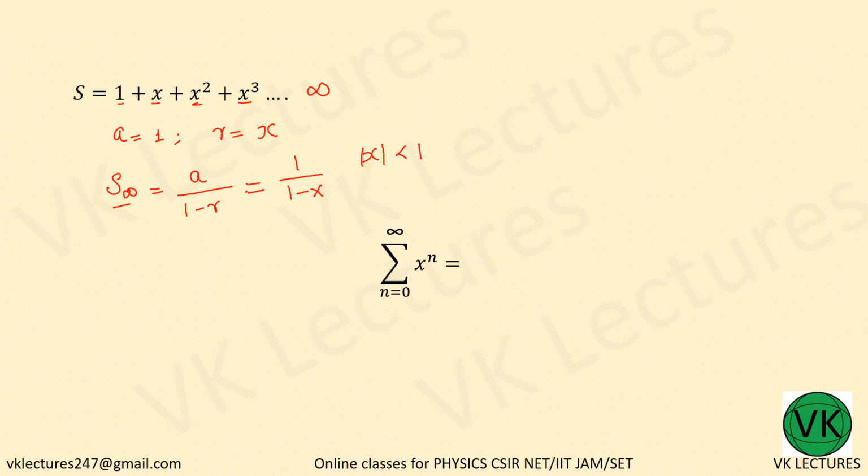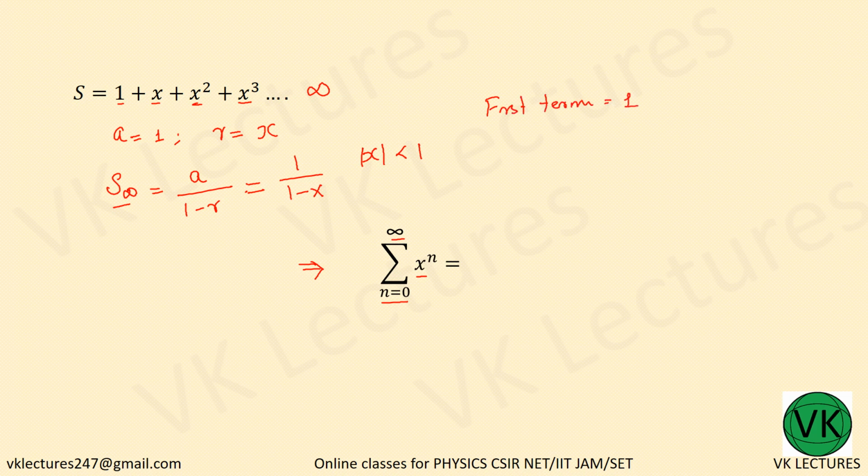You can write it in this way: sum over n equal to 0 to infinity of x to the power n is equal to, the first term would be what? Here the first term is 1.